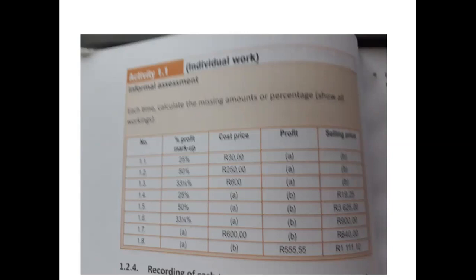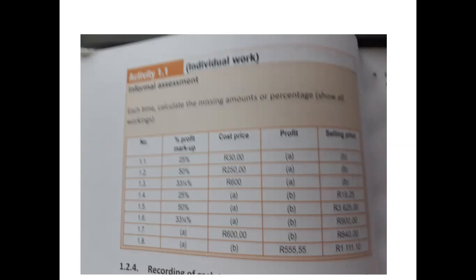Right, people, I think my host is offline, so I can't really see the chat box now. So I'm just going to repeat it. If we look at number 1.1, we've got the profit percentage and the cost price. You need to first calculate the selling price. The formula will be taking the cost price, like the 30 Rand, and multiplying it with the selling price, the bigger one.